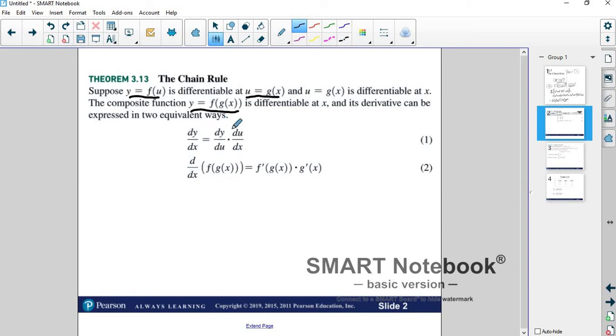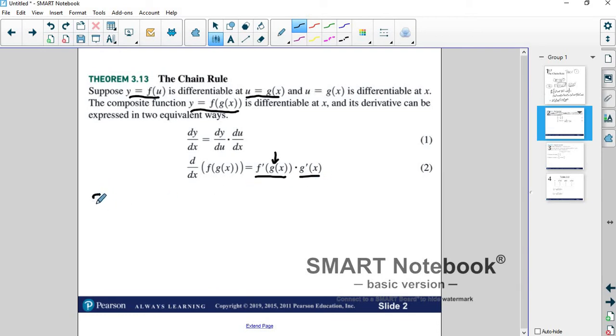You can think of it using Leibniz notation, where you find dy dx by finding dy du and du dx, or you can take the derivative of f of g of x by taking the derivative of the outer function. The inside stuff stays the same, and then you multiply by the derivative of the inside function.